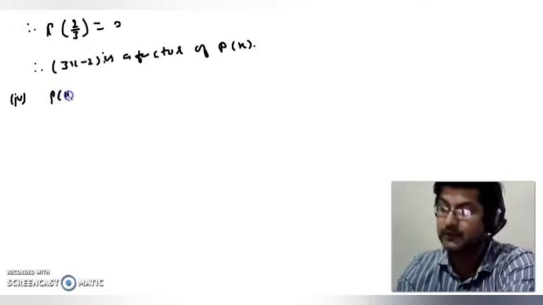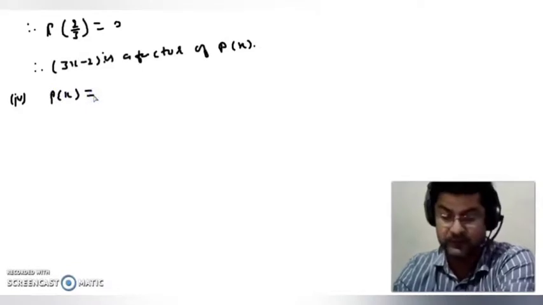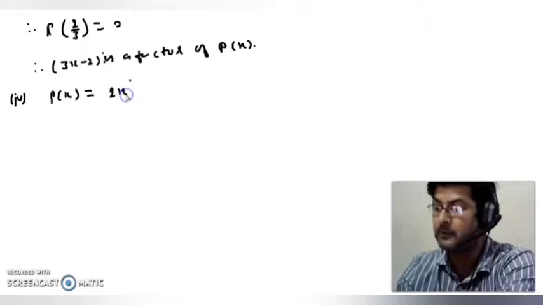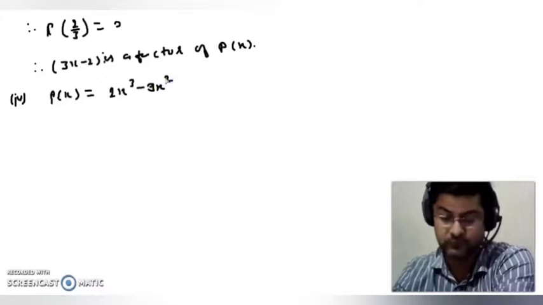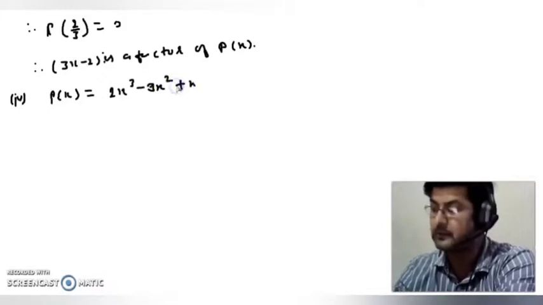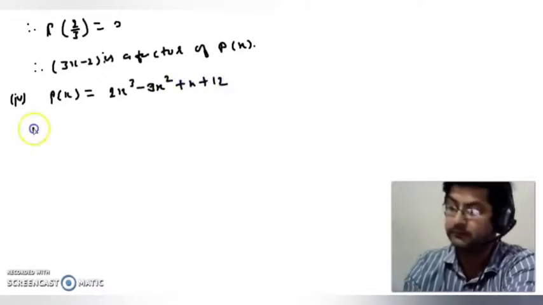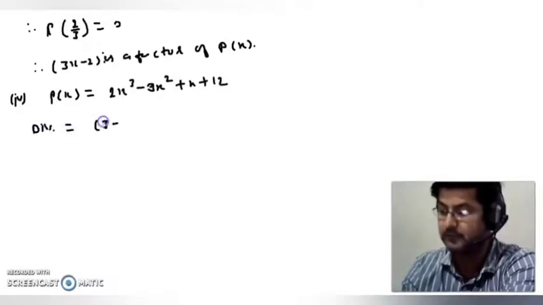P of x is 2x cube minus 9x square plus x plus 12, and divisor is 3.